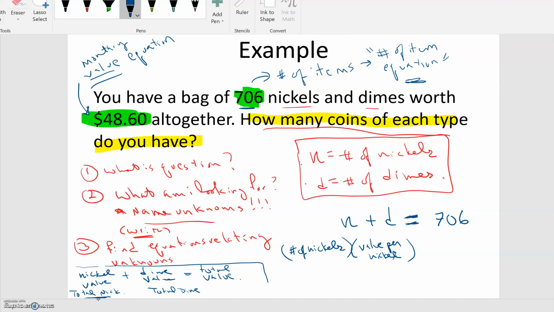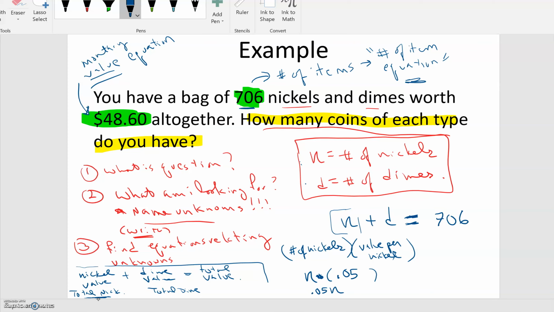Then we need to do something similar for dimes. So for nickels, how many nickels do we have? Well, we have n of them. So that's n times, and what's the value per nickel? This tends to be a silly thing people mess up on. It's 0.05, because 0.1 would be a dime, 0.01 would be a penny, so this is 0.05. So that's my nickel value. Actually, I should probably write it as 0.05 times n.